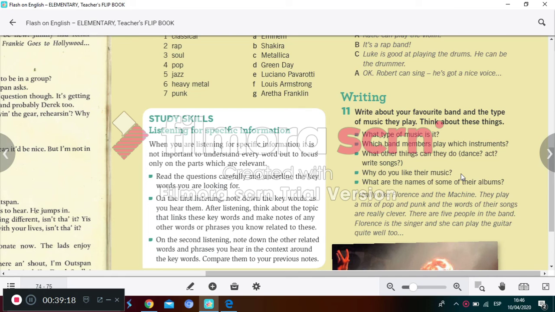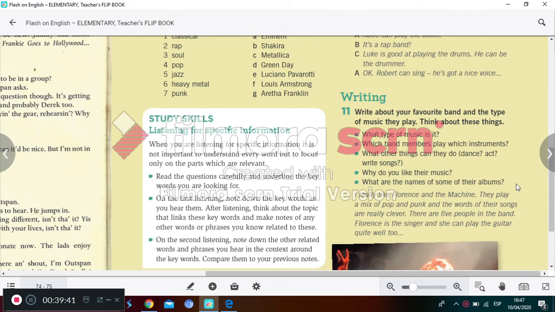Okay, something like that. Next question. What are the names of some of their albums? The names of their albums are Corazón Partido, El Dinero Pa' Cuando, like this. Okay? Understood? Yes or no?